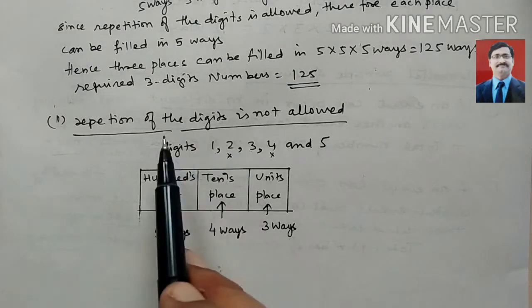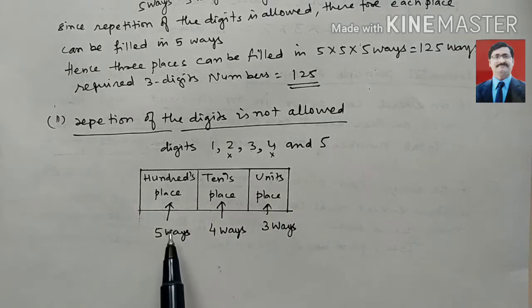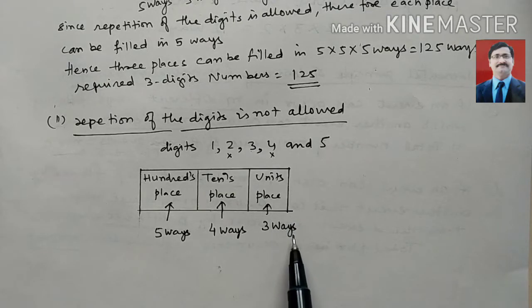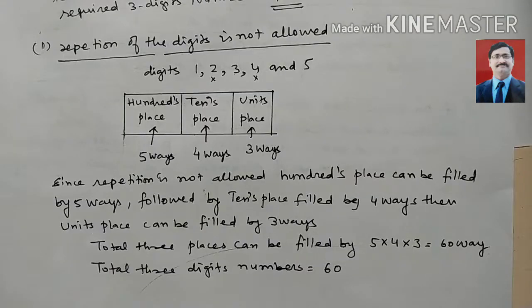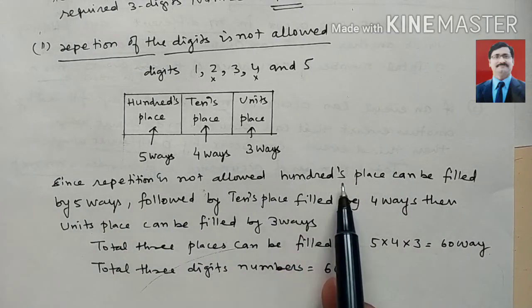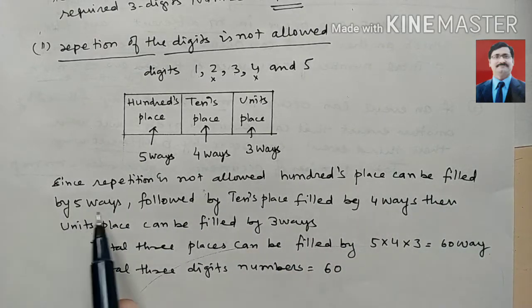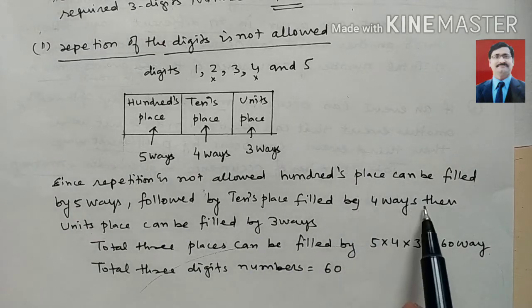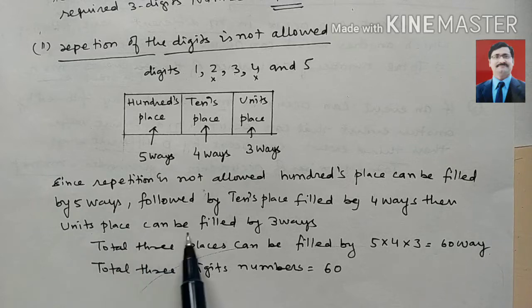Okay, so if repetition is not allowed, we have here 5 ways for first place, for second place we have 4 ways, and for third place we have 3 ways. Look here, since repetition is not allowed, the 100th place can be filled by 5 ways, followed by the 10th place filled by 4 ways, then the units place can be filled by 3 ways.